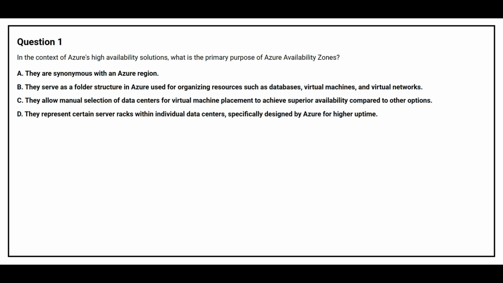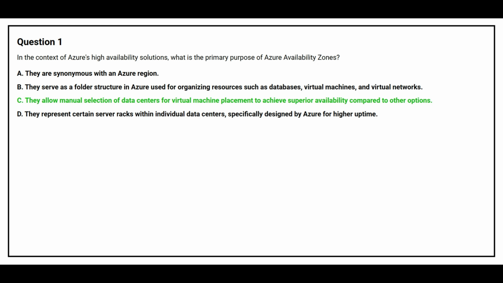Option C. They allow manual selection of data centers for virtual machine placement to achieve superior availability compared to other options. Option D. They represent certain server racks within individual data centers, specifically designed by Azure for higher uptime.